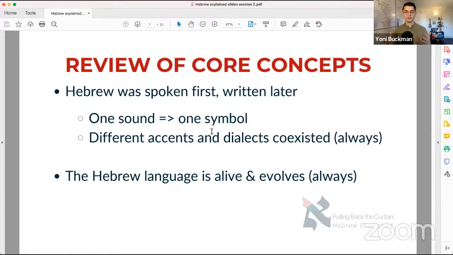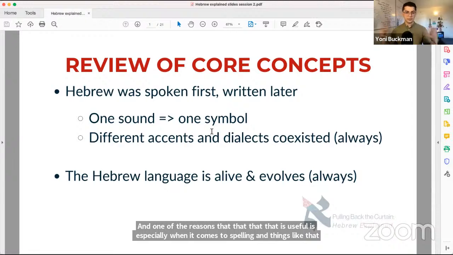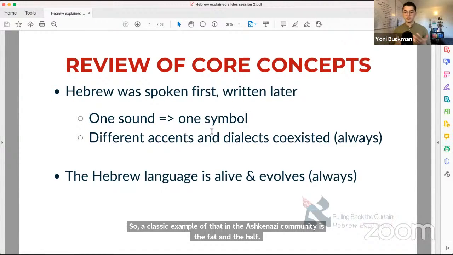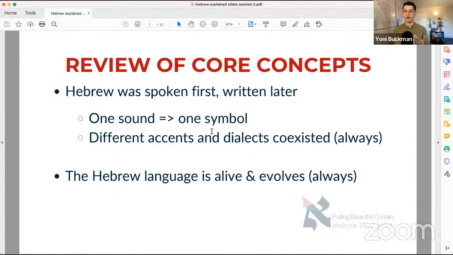So if you were to take a spelling test where a person just says a word out loud, let's take the word chacham, you've got two identical sounding ch letters and then a mem, right? It's really difficult to know: are they both chets? Are they both chafs? How does that work?